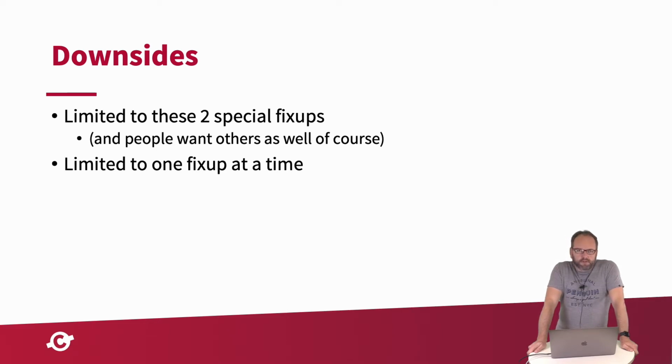First of all, it is limited to those two special fixups, of course. And if you give people two fixups, then all of a sudden they find the need to have 5 others that can be controlled that way. So that definitely was a negative. The second one is a little bit more subtle, and it's what I have on the slide, the fact that you can only have one fixup at a time.